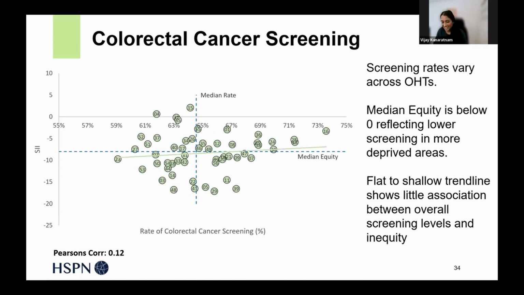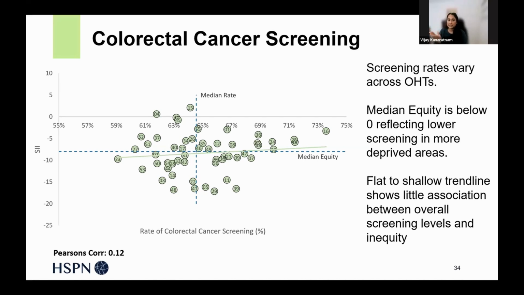Moving on to our last cancer screening, colorectal cancer screening. Very similar story here. All but two OHTs have negative SIIs. So it tells us that, again, across most OHTs, there's less colonoscopy cancer screening happening in areas of greater deprivation.